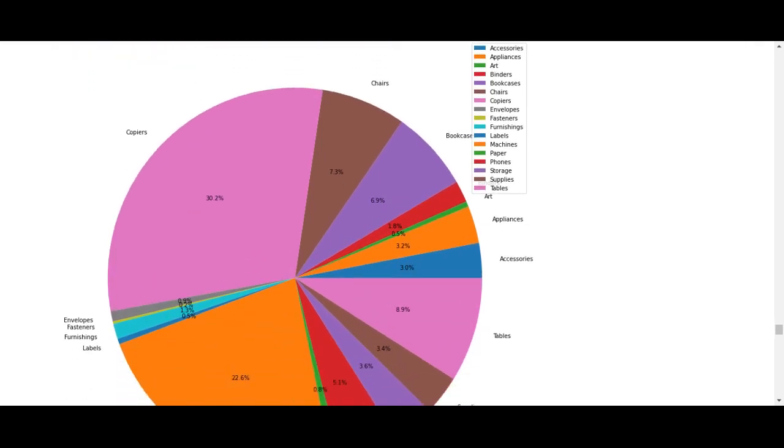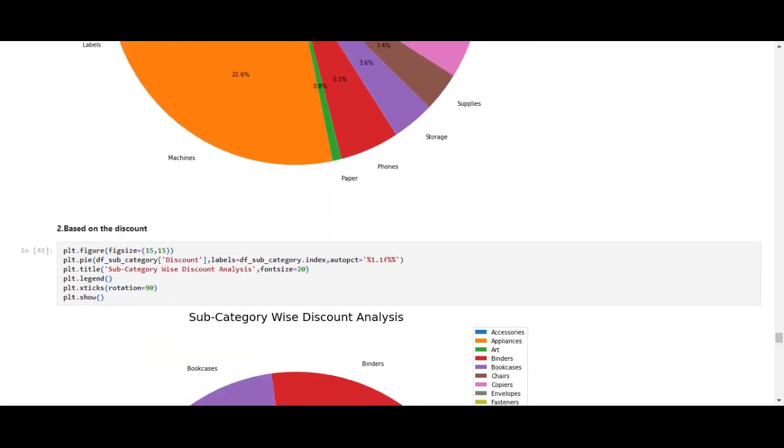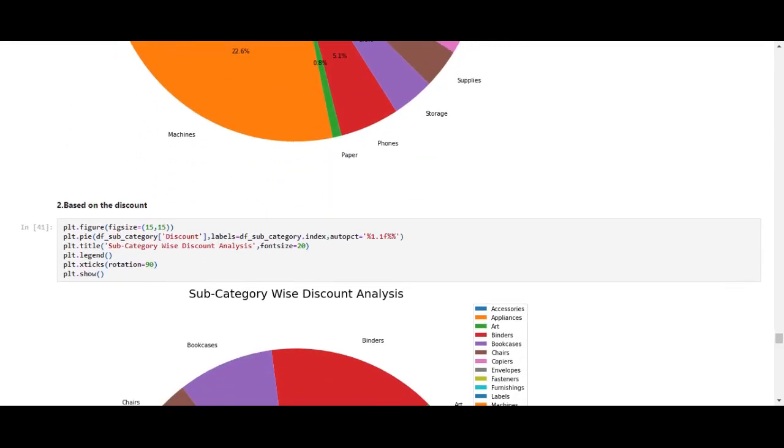In the subcategory-wise analysis, copiers had the highest profit and sales, whereas printers, machines, and tables had the highest discount.